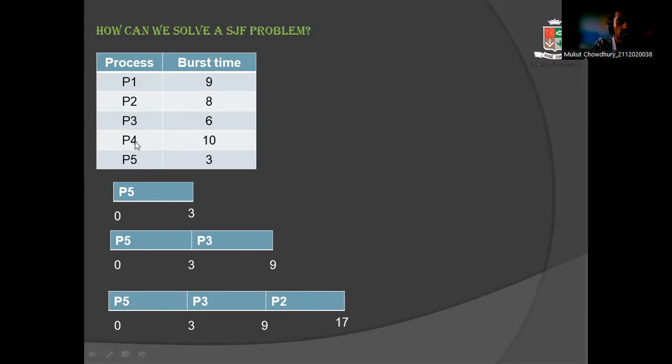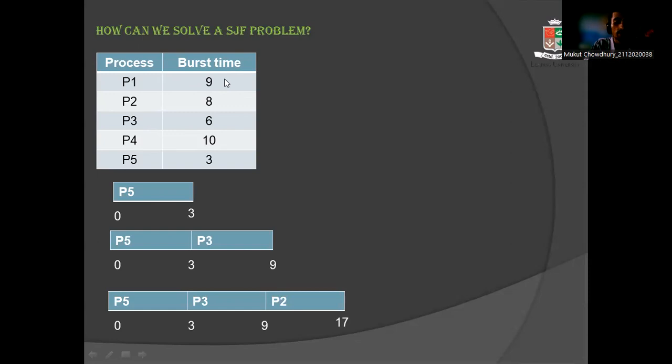After P2, we have to search for the lowest burst time between them. We can see that P4 burst time is 10 and P1 burst time is 9. So the burst time of P1 is lowest.